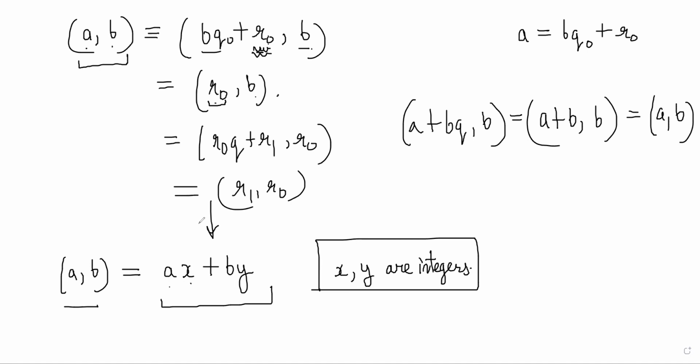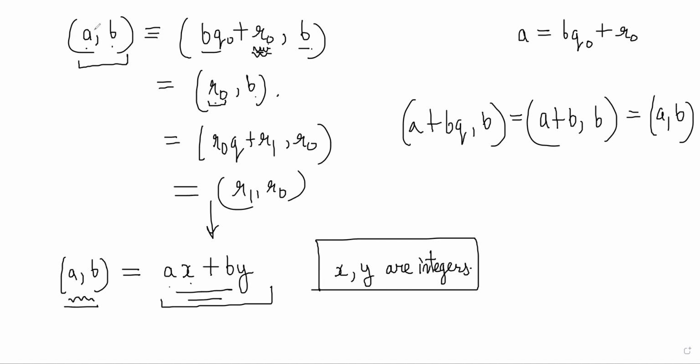How do we get this representation? You have to look through the series of successive divisions that we did and work backwards, in reverse from the last step, and keep substituting terms forward. And you should be able to eventually prove that the GCD of A and B can be written as AX plus BY.